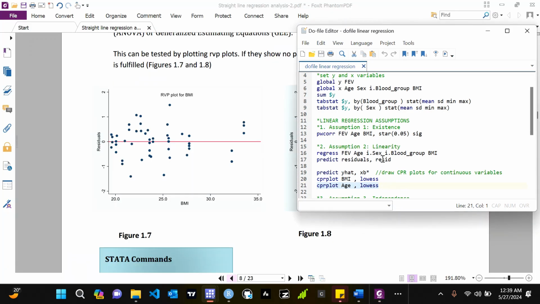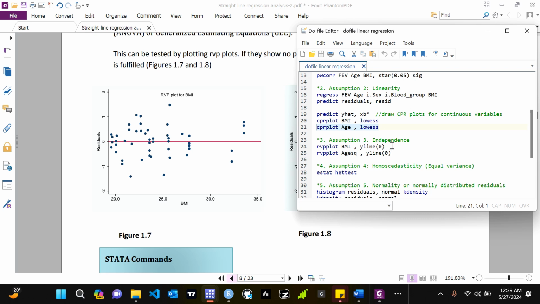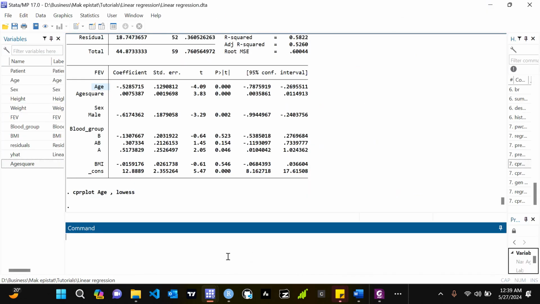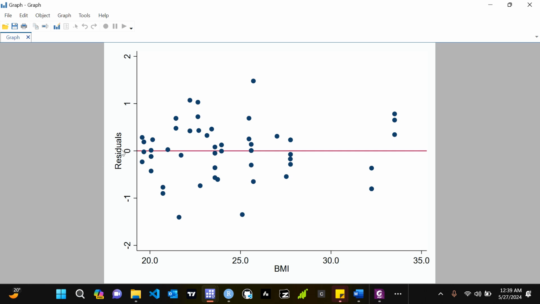Let's see. So by plotting RV plots of BMI and age square, you see that it should give you a straight line through zero with these points scattered around this line with no pattern. So that shows they are not correlated.